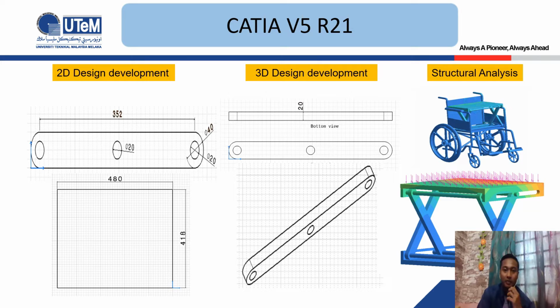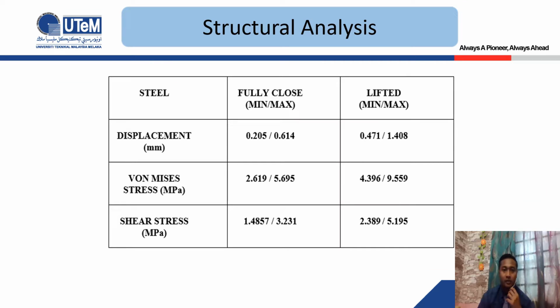After we get the best result through the three concept sketches, now we go through CATIA V5R21. It has three processes: first, two-dimensional design development, then three-dimensional design development, and lastly structural analysis.